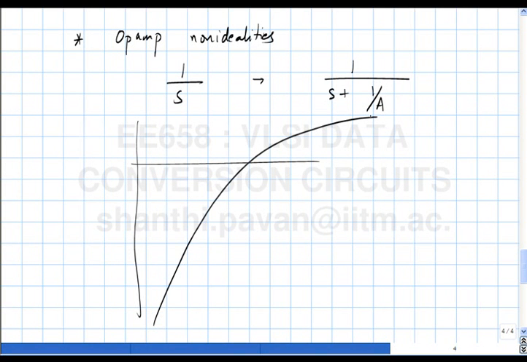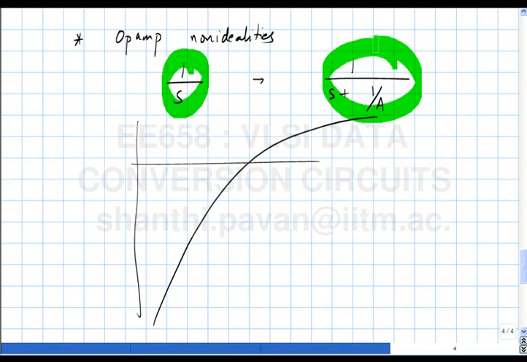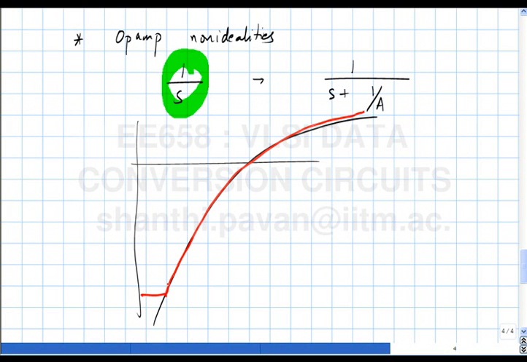Flatten out. As s tends to 0 in the ideal case, the loop gain tends to infinity, which is why the NTF goes to 0. In the real case with finite gain, the low frequency gain of the loop filter is limited to A, so the NTF cannot go below 1 over A. In practice it will do this.